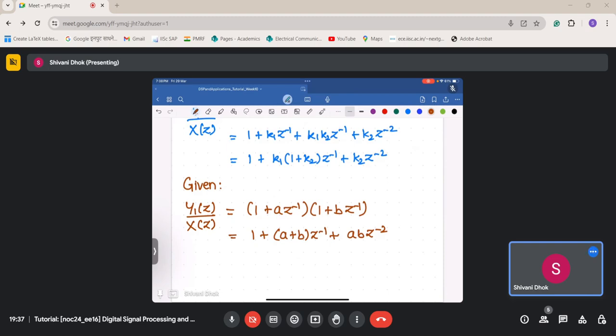Okay, so now if I compare these two, let me number them.